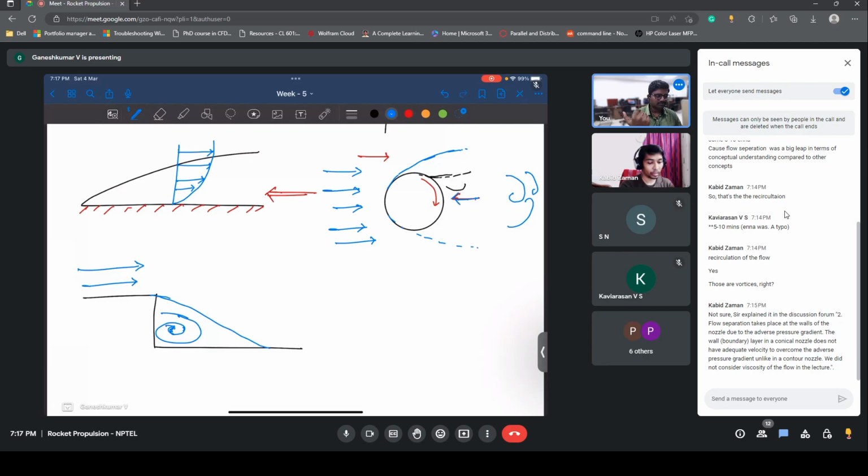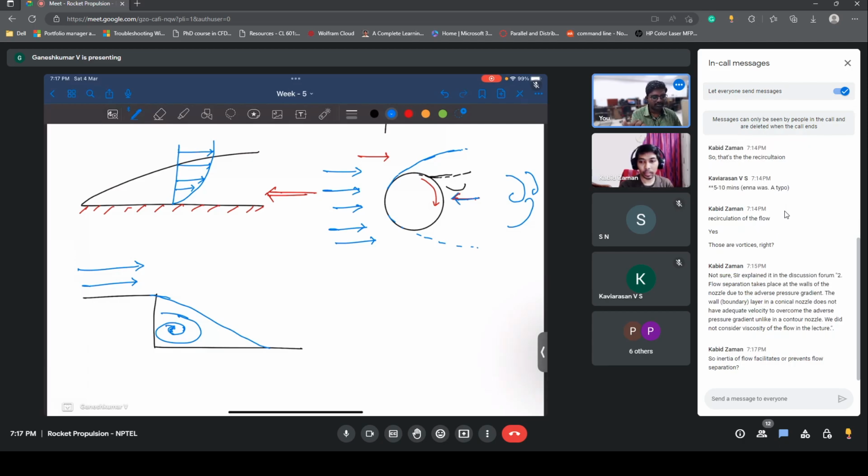And there is a boundary layer. So inertia of flow facilitates or prevents the flow. True, exactly. When you have high inertia of flow, a high velocity, and the force acting opposite to you cannot stop you, no flow separation is going to happen.